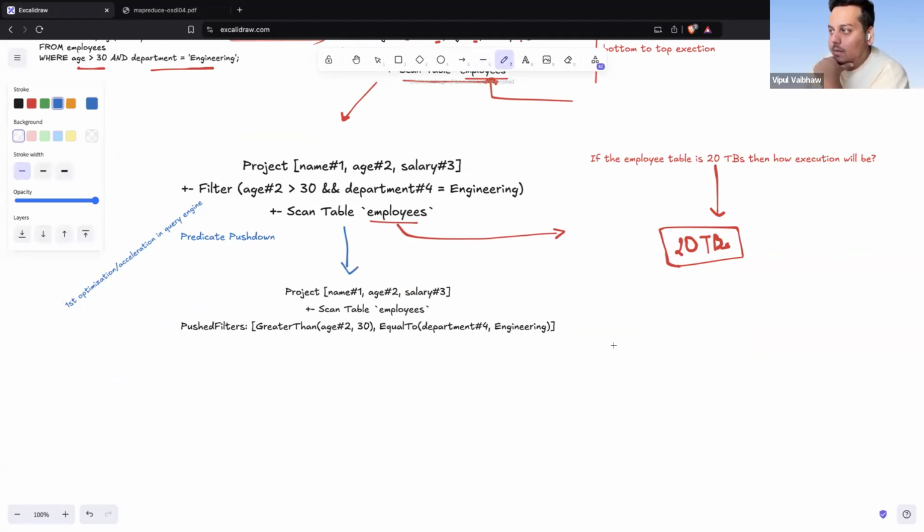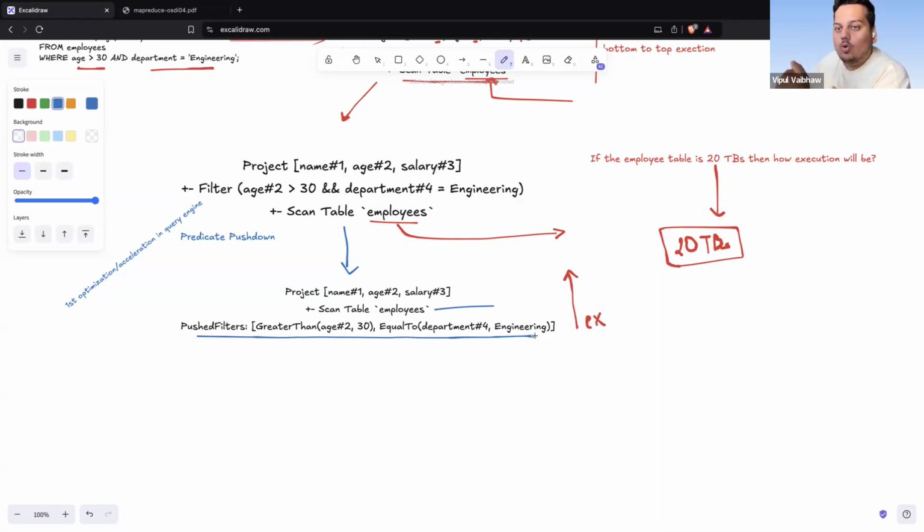Because here, if you see, remember bottom to top execution? In that case, what is going to happen first? Before scanning everything, we are filtering things out.